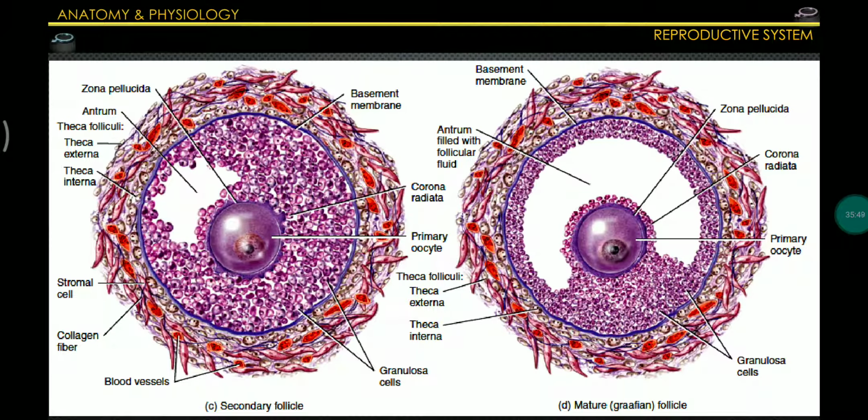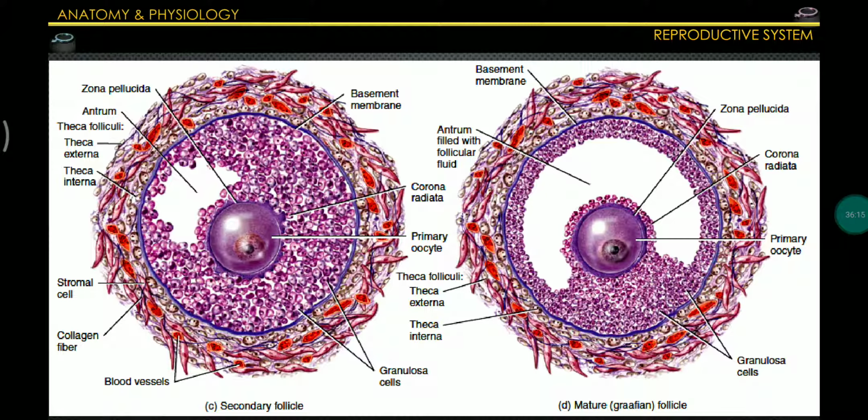And by destruction of some of the granulosa cells inside the primary follicle, a small space forms. When the space appears, it is called the antrum. Then it becomes the secondary follicle.